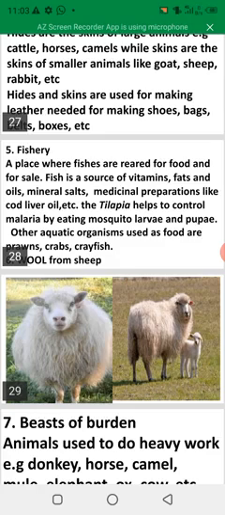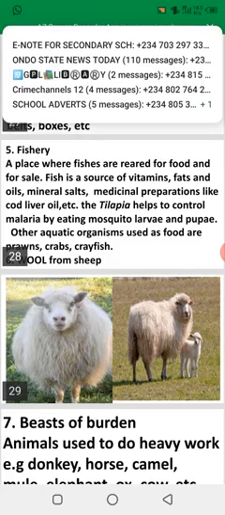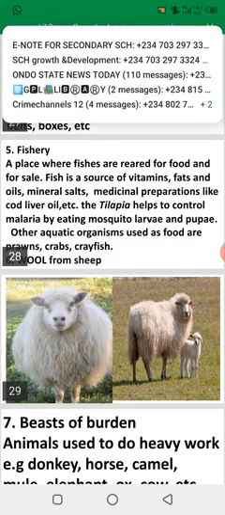What of fishery? Fishery is a place where fishes are reared for food and for sale. Fish is a source of vitamins, source of fats and oil, then also mineral salts. All these are here for us to use.